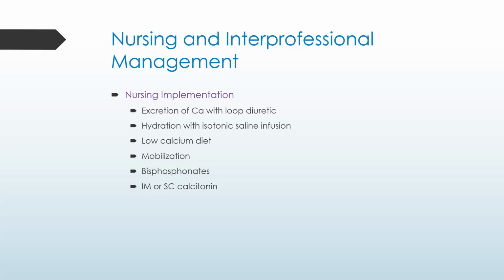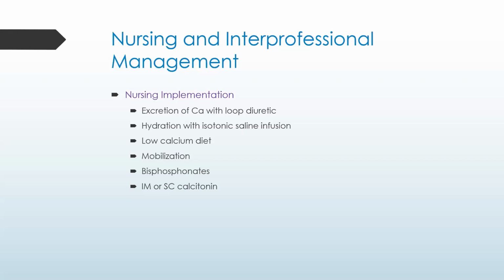Bisphosphonates, such as pamidronate and zoledronic acid, are the most effective agents in treating hypercalcemia as a result of malignancy. They interfere with the activity of osteoclasts, cells that break down bone.